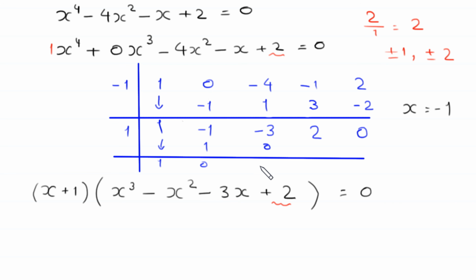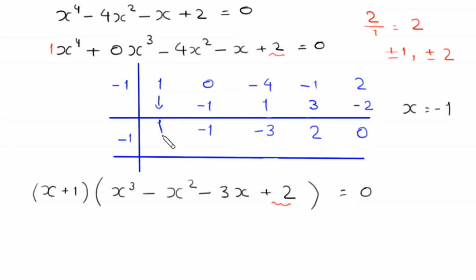Negative 3 plus 0 is negative 3, and we multiply this negative 3 by this 1, we get negative 3, and 2 plus negative 3 is negative 1, which is not equal to 0. So we remove this and try negative 1. Now we try negative 1 from here.